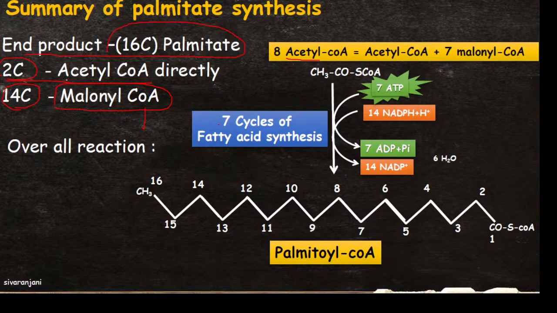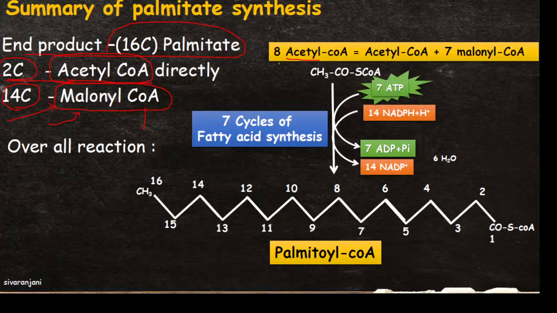the contribution of acetyl CoA is only in the first cycle of fatty acid synthase reaction, and in the first cycle malonyl CoA also contributes a 2 carbon unit, and in the next 6 cycles only malonyl CoA will contribute the carbons. For each cycle it will contribute 2 carbons.